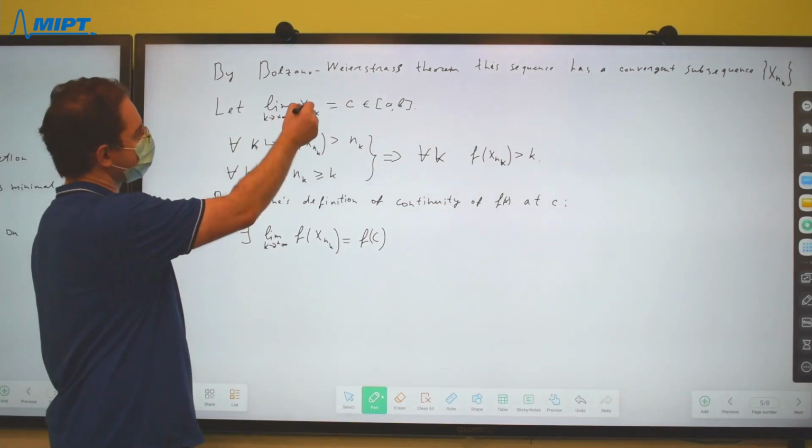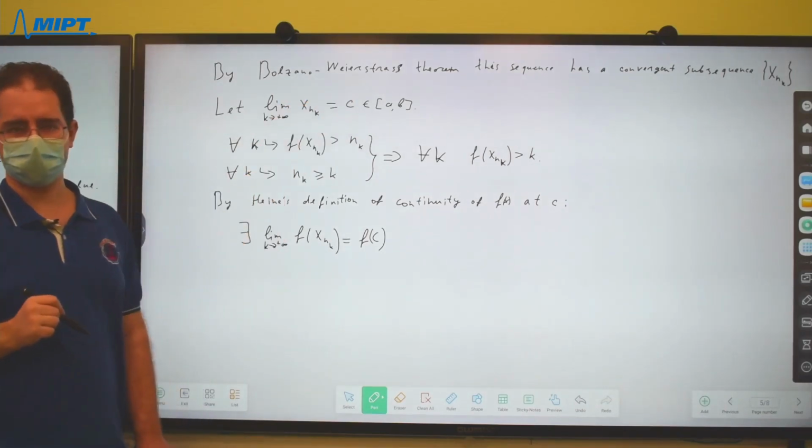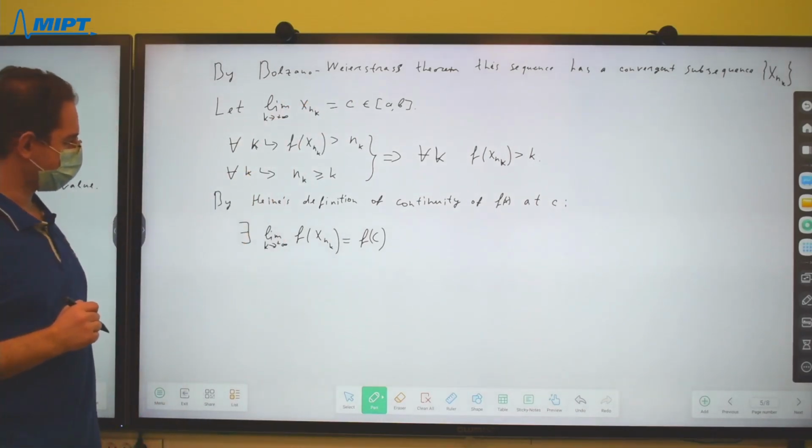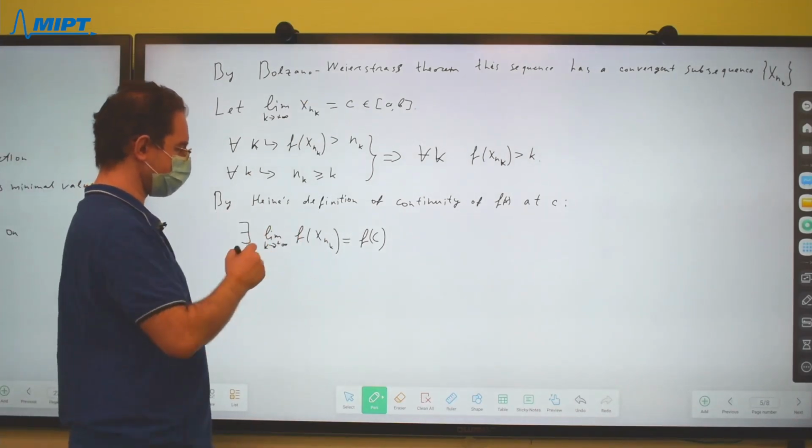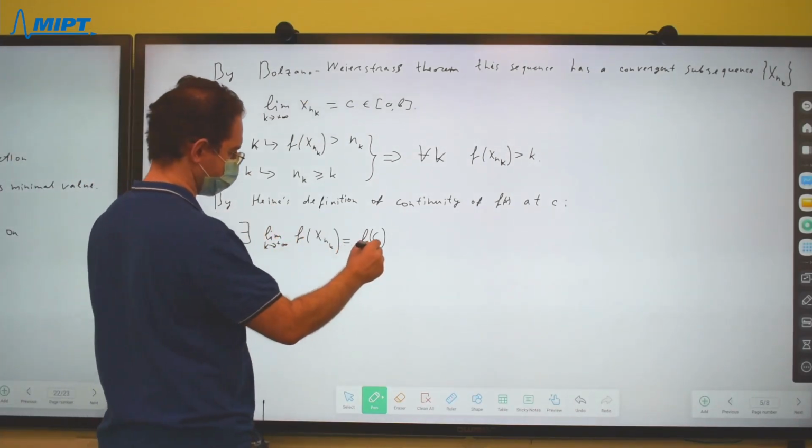So this sequence tends to c by continuity of my function. F of those numbers should tend to f of c.